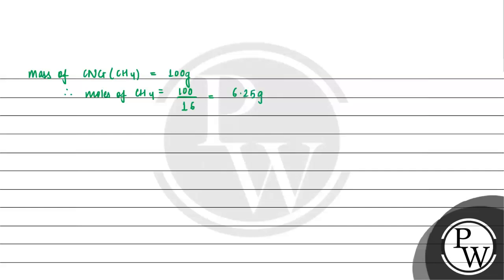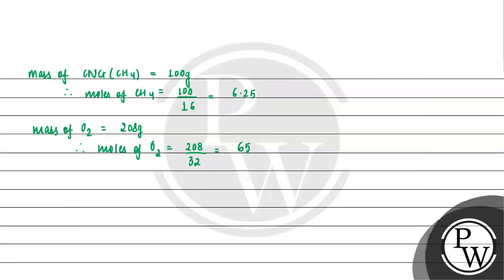Now let us find the moles of O2. For that, we first need the mass of oxygen, which is given in the question as 208 grams as discussed. Moles of O2 will be equal to 208 divided by the molar mass of oxygen, which is 32. That would be equal to 6.5. Note the unit won't be grams because it's the number of moles.